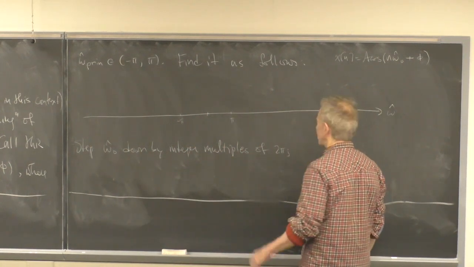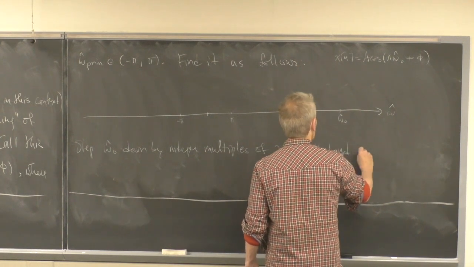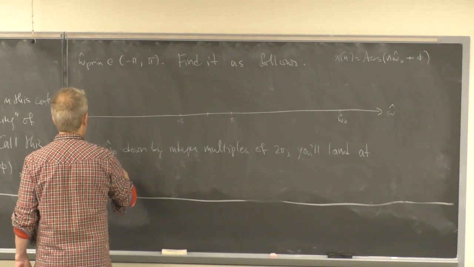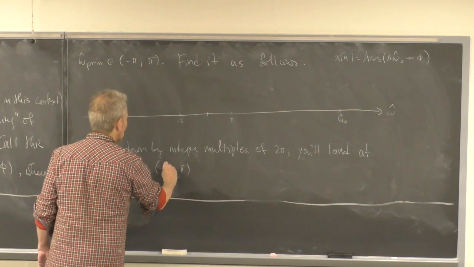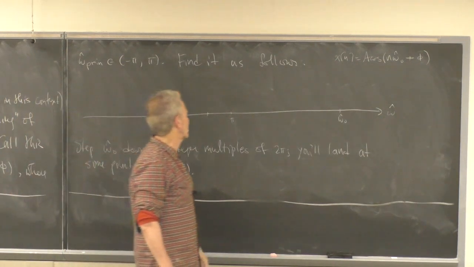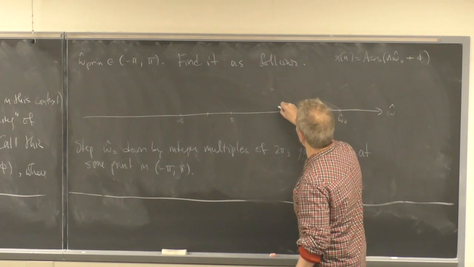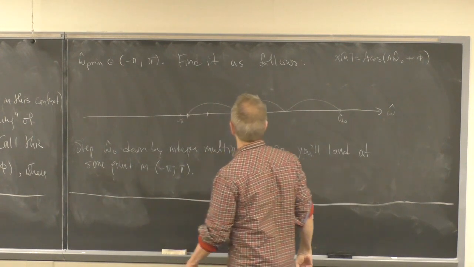Eventually, you will land at some point in the interval minus pi to pi. And the assumption that the pesky boundary case is not in play means that you're never going to hit pi, you're never going to hit minus pi. There's going to be a unique place in here where you land. So you step this down, you go blump, blump, say blump, like so. So here's where you land in this picture.